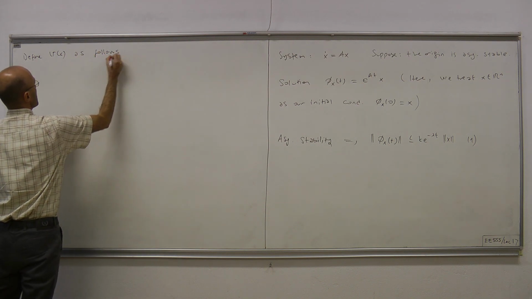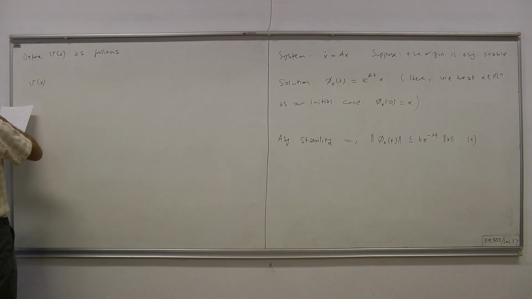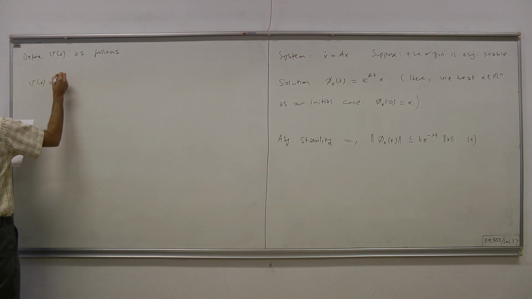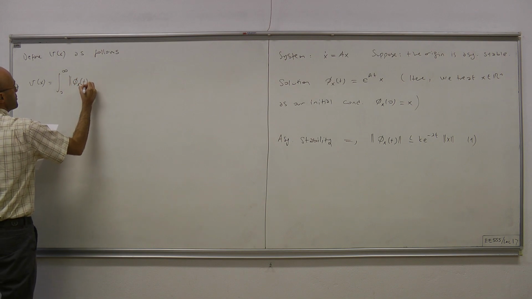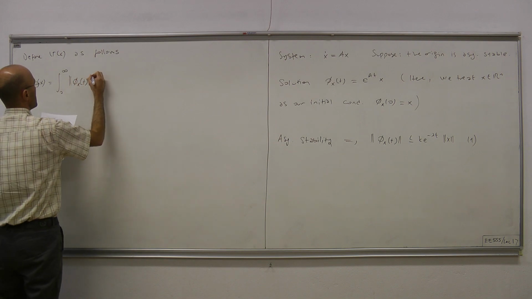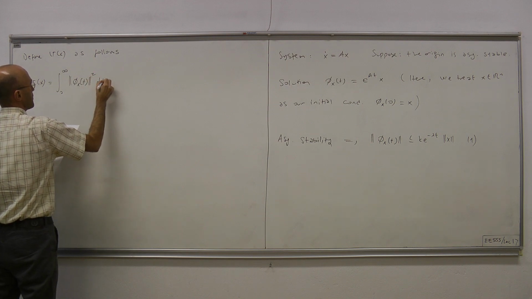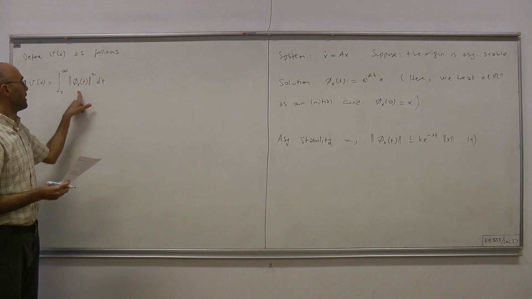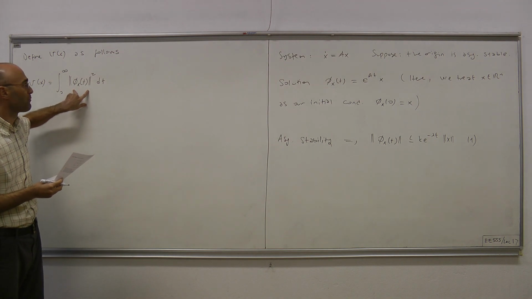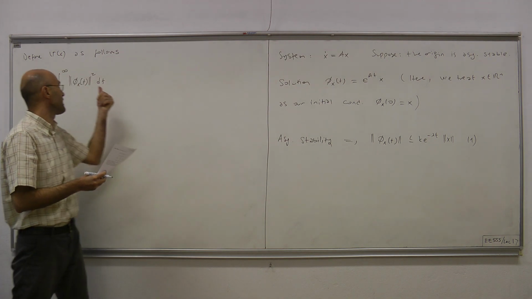Okay. V of x equals the integral from 0 to infinity of the norm of phi x of t squared dt. Okay. Now here we have a norm. Norm is a scalar function, and we're taking its square.